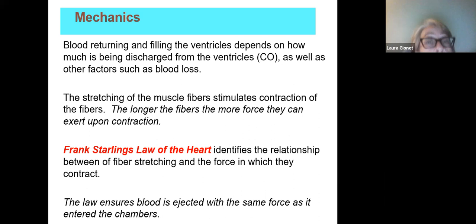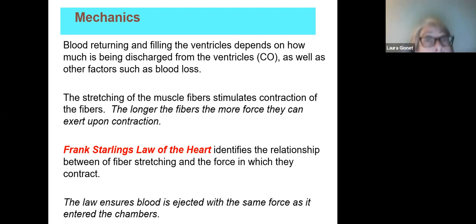Well, this is the concept I want you to keep in mind when it comes to Frank Starling's law of the heart. It identifies the relationship between a fiber stretching and the force it can generate when it contracts. So the more the heart muscle stretches, the harder it's going to contract back and recoil.